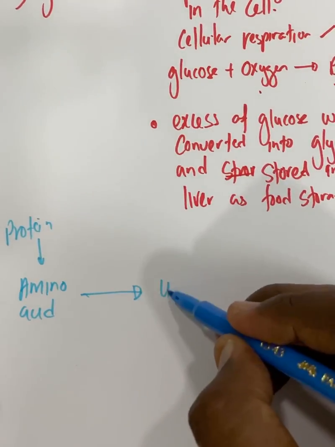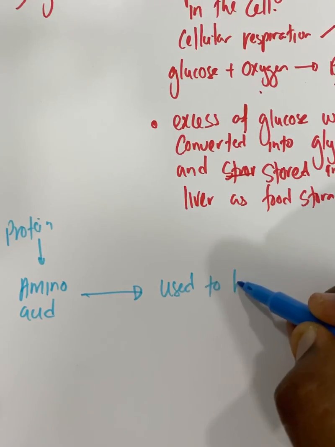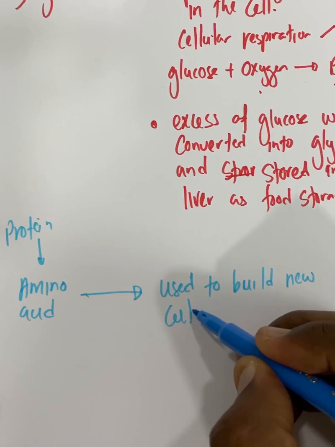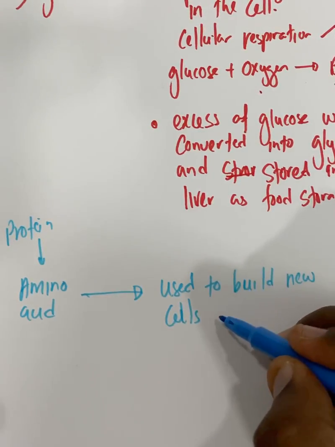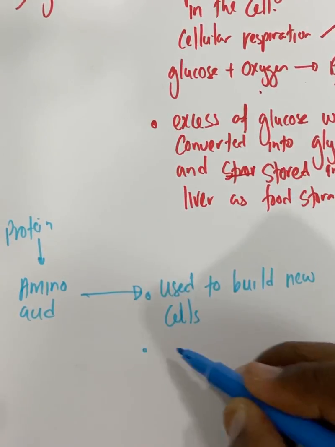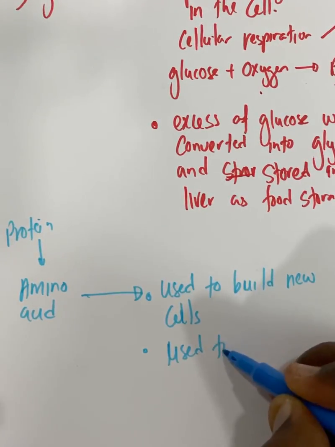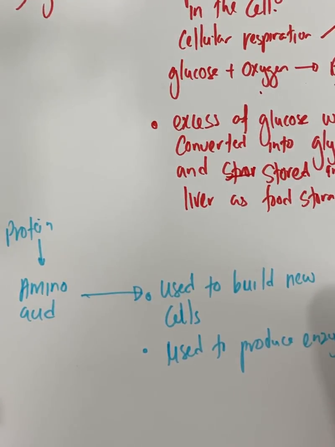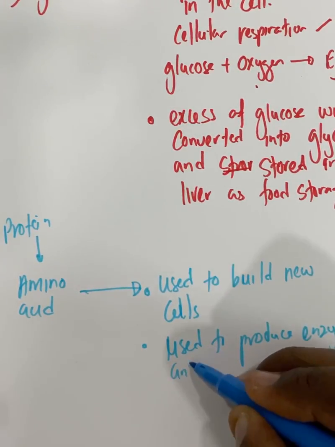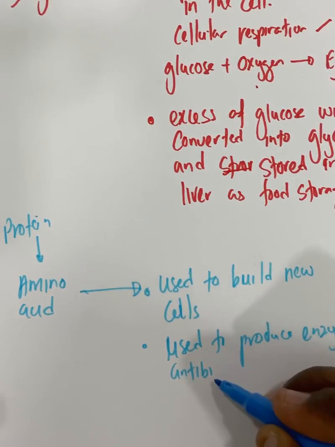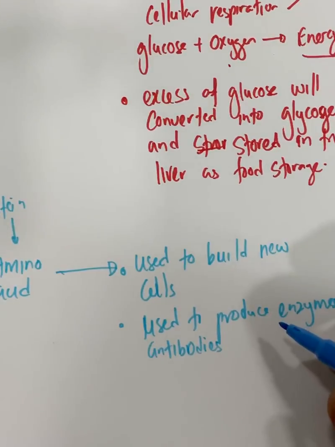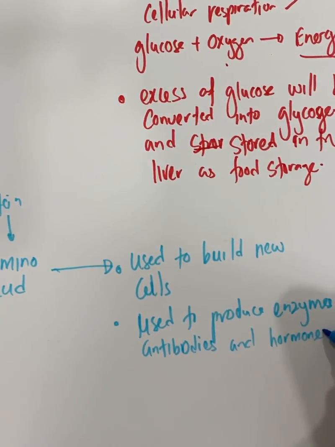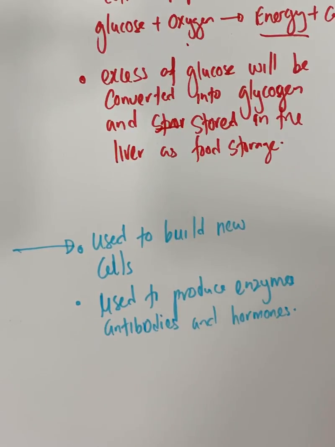This amino acid is used to build new cells, and is also used to produce enzymes, antibodies, and hormones to control the homeostasis process in our body.